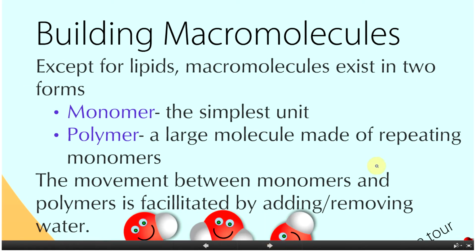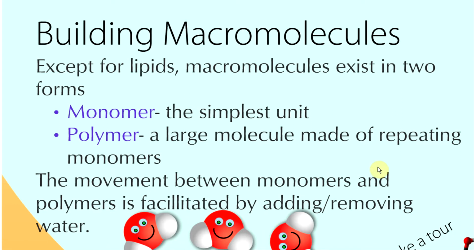For the most part, macromolecules are made of building blocks that are linked together in chains. We call the building blocks monomers, since mono means one, so that is the single simplest unit.